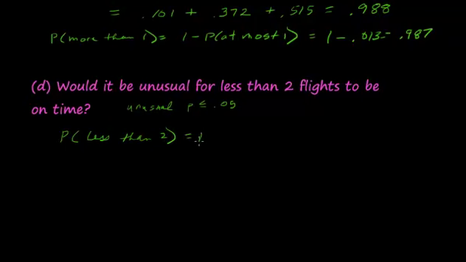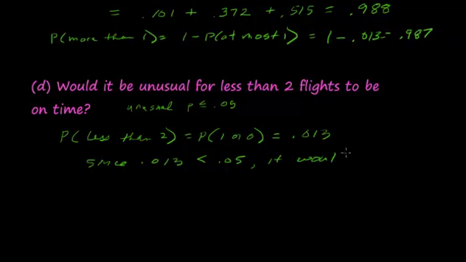Well, less than 2, what values are less than 2? 1 or 0. So we already saw that in part B, right? That was at most 1. So this is just another way to say that, and that was 0.013. And since 0.013 is less than 0.05, it would be unusual for less than 2 flights to be on time.